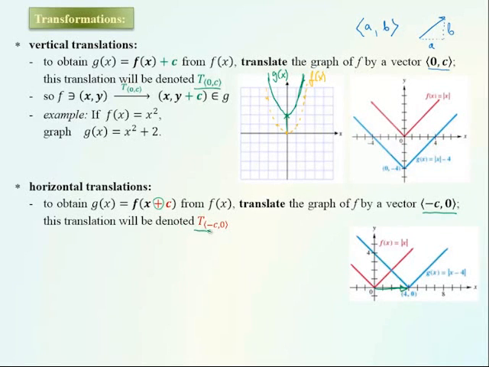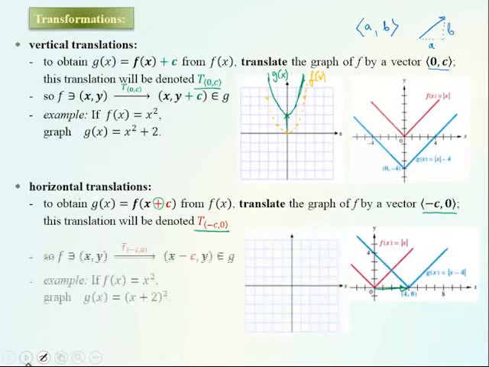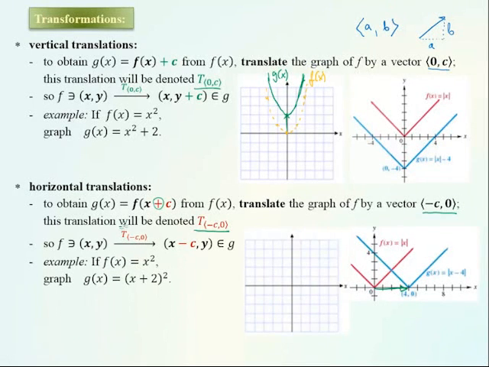So the translation that we're using is by the vector opposite to the c that we see inside, <negative c, 0>. And again, the action of this translation moves the point (x, y) into the point (x minus c, y). Look at the particular example. If we start with the basic parabola x squared, which is, as before, going through these 5 main points.